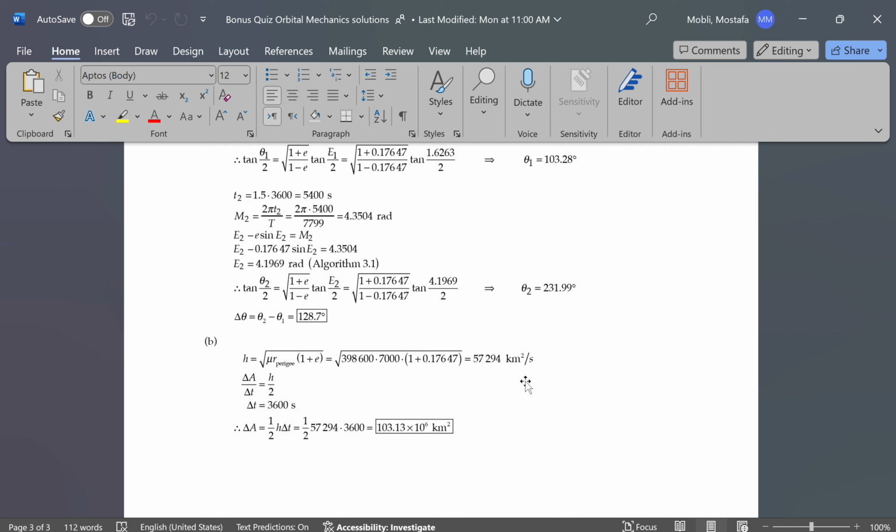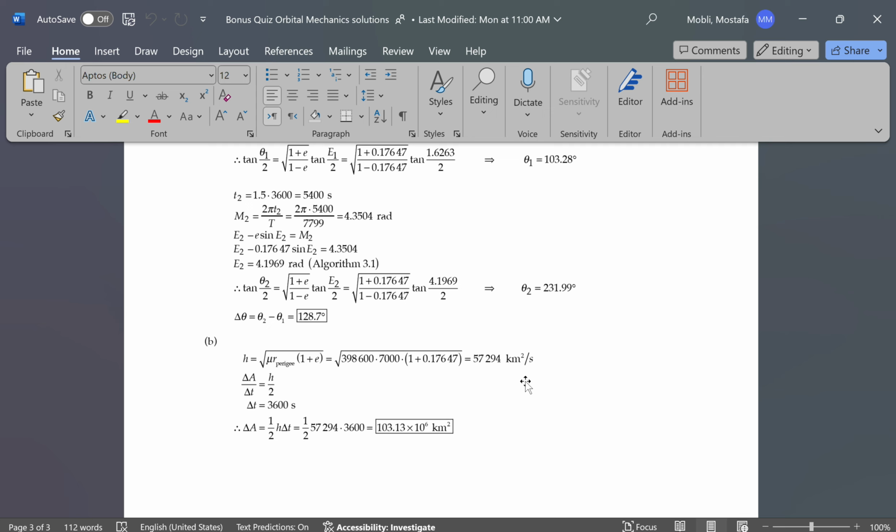The rate of area that is swept throughout an orbit is constant, first of all, and is related to angular momentum. We can show that the area that is swept through time, dA/dt, is equal to angular momentum divided by 2.